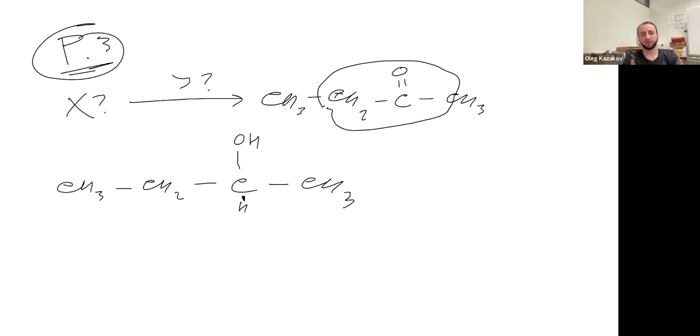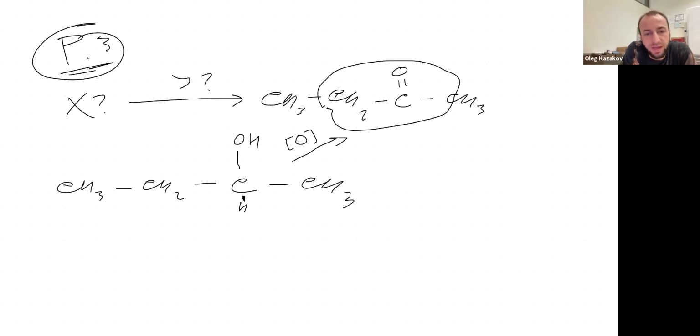So we have our secondary alcohol, which upon oxidation will give us the ketone. Let's show the oxidizing agent here.